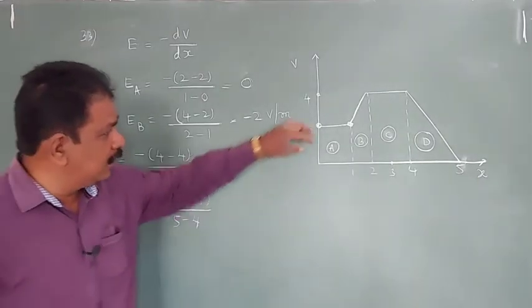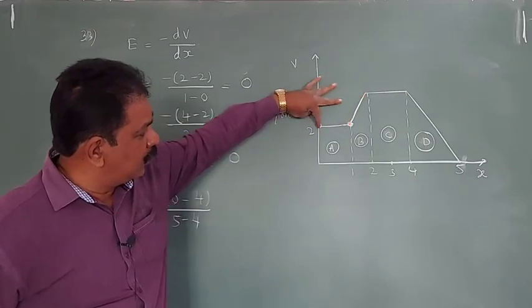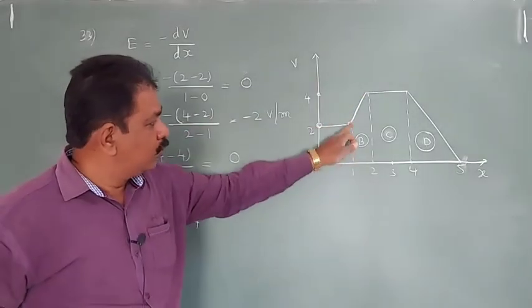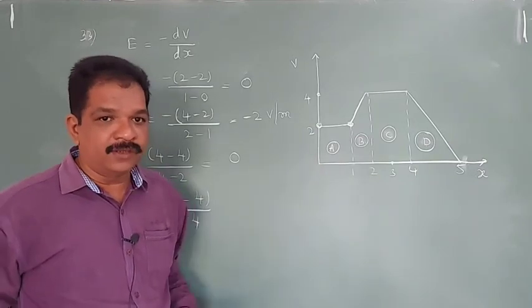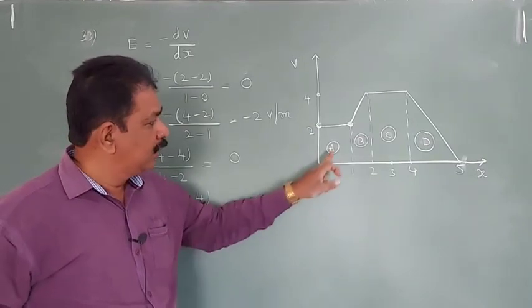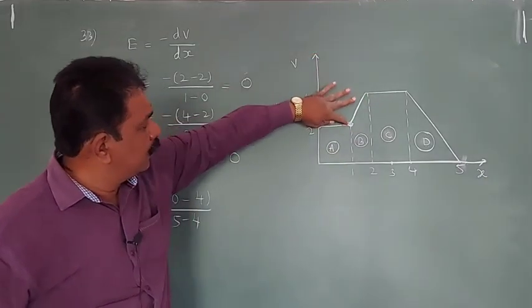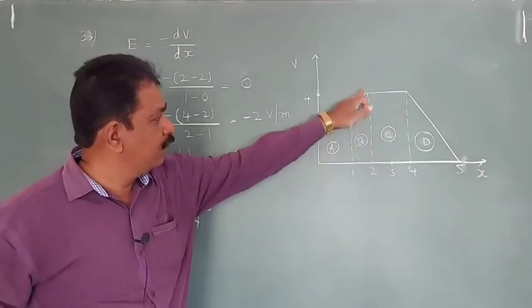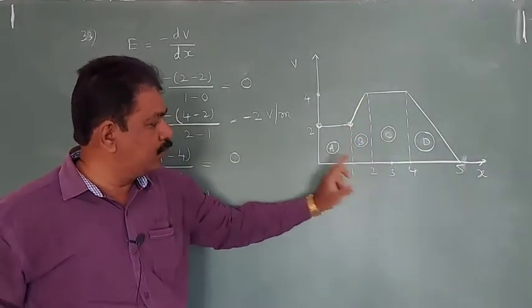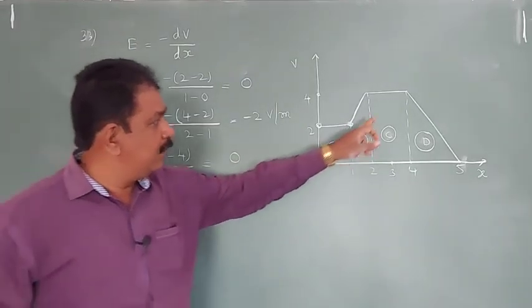Is it understood? Here 2, because this is a straight line, here 2, here also 2. 2 minus 2 by 1 minus 0 for EA. For EB, here potential is 4, here potential is 2. So minus of 4 minus 2 by 2 minus 1 for EB. EC, what will happen?